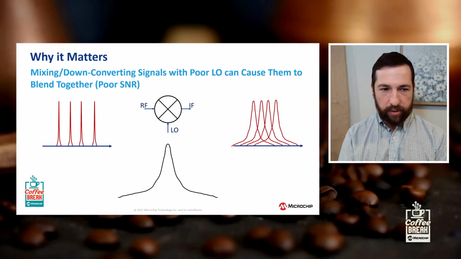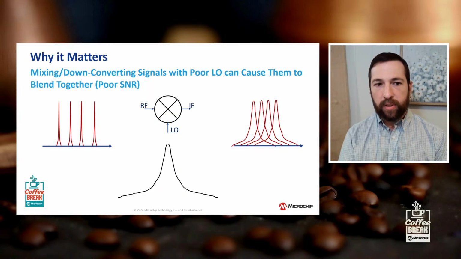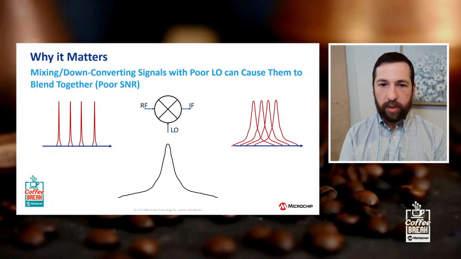All right. What's the effect of excessive phase noise on this type of system? So yeah, here's a real world example. So any system where frequencies are being mixed down to a lower frequency for signal processing can be impacted.